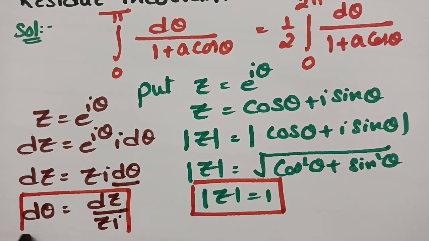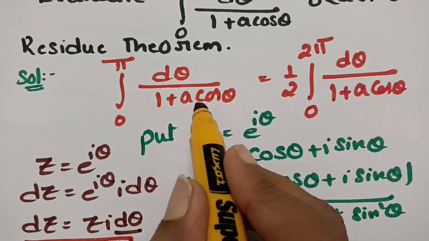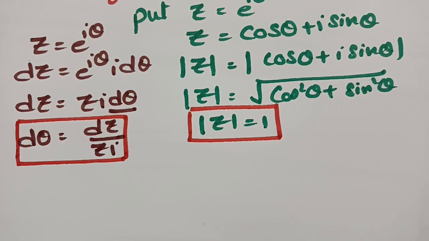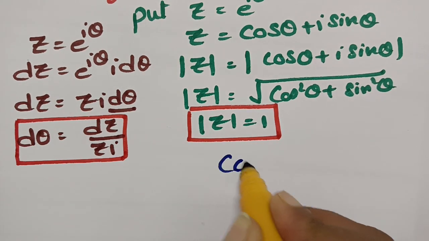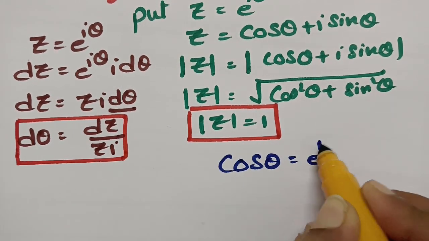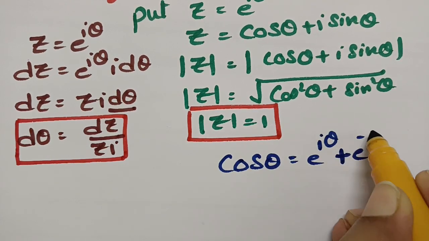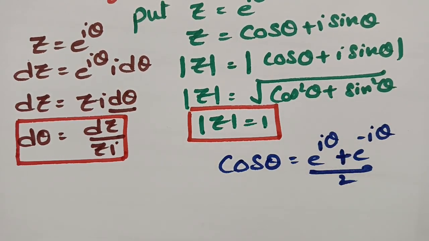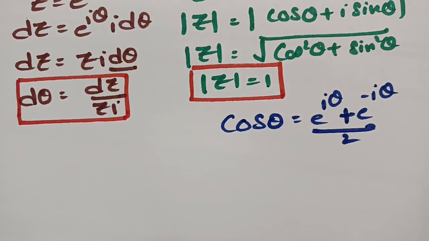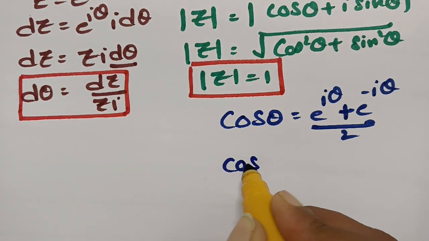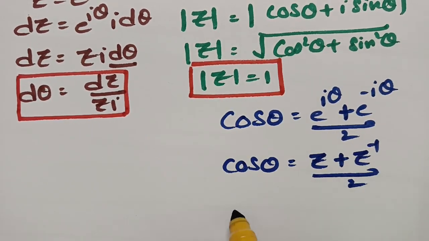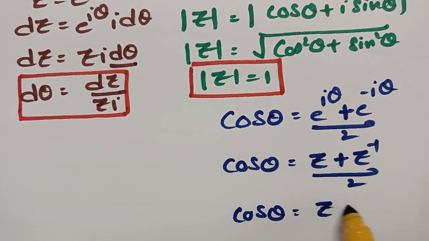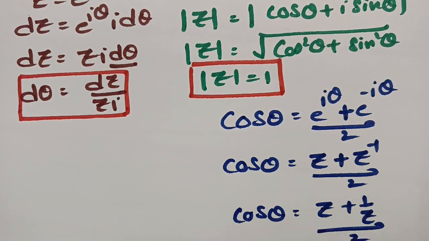After finding d theta, I need the value of cos theta. Cos theta can be written as e power i theta plus e power minus i theta by 2. Here e power i theta is nothing but z. So cos theta can be written as z plus z inverse by 2, so cos theta is equal to z plus 1 by z, all over 2.